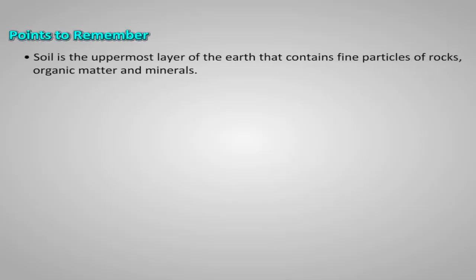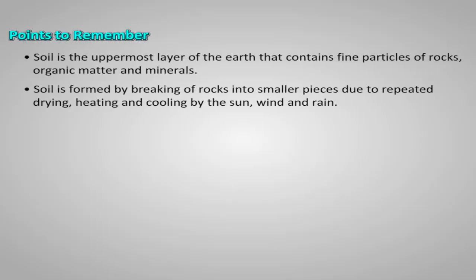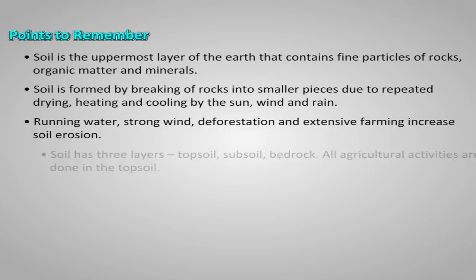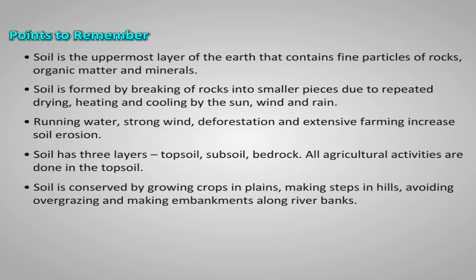Points to remember. Soil is the uppermost layer of the earth that contains fine particles of rocks, organic matter and minerals. Soil is formed by breaking of rocks into smaller pieces due to repeated drying, heating and cooling by the sun, wind and rain. Running water, strong wind, deforestation and extensive farming increase soil erosion.